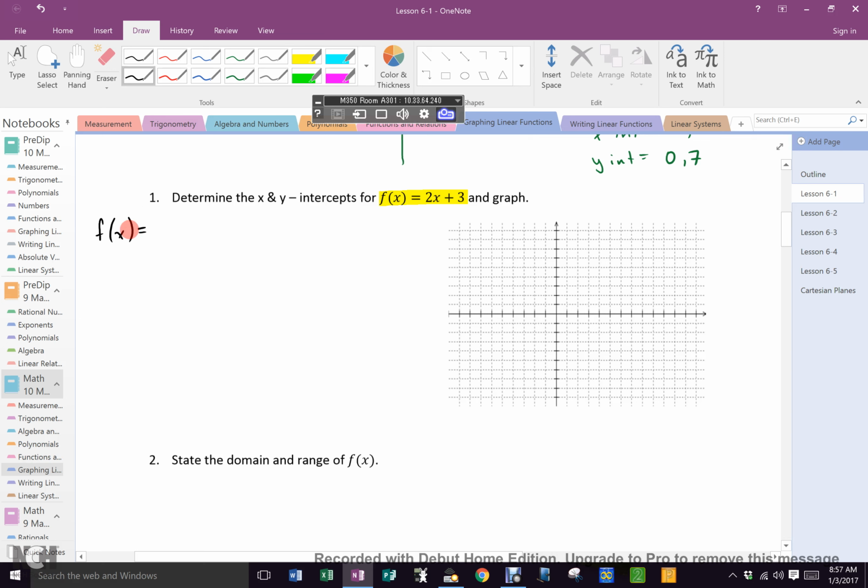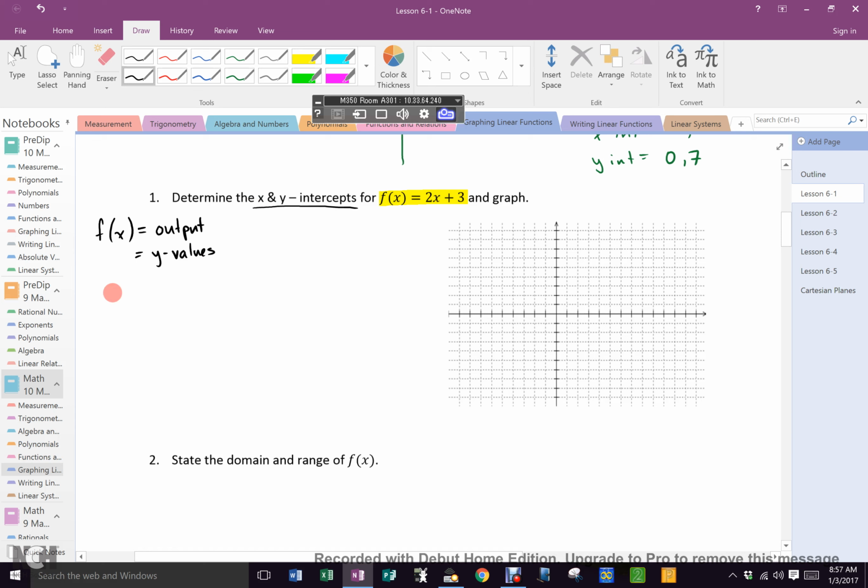The x in the bracket will go into the equation, yes? So the f of x must be my output or my y values. Agreed? Everyone agree? Okay. I want the x and y intercepts for that line.